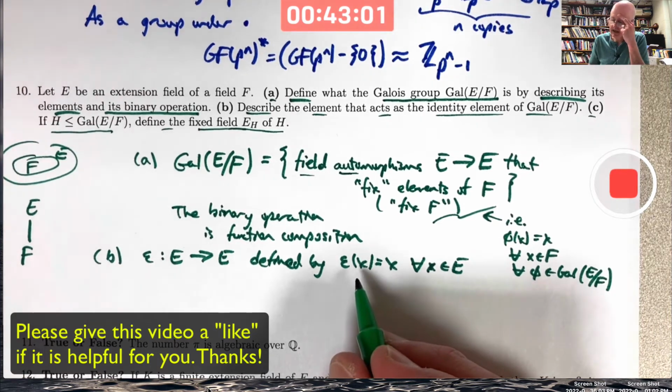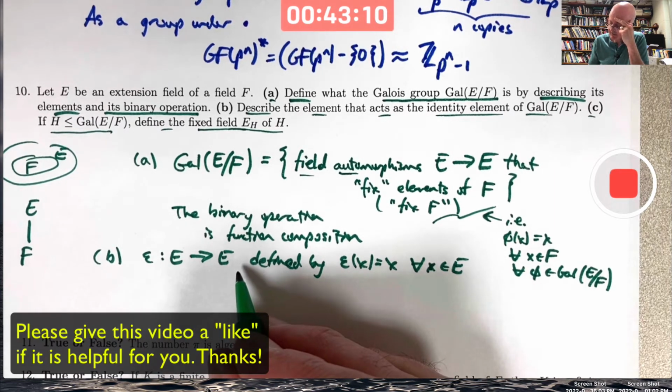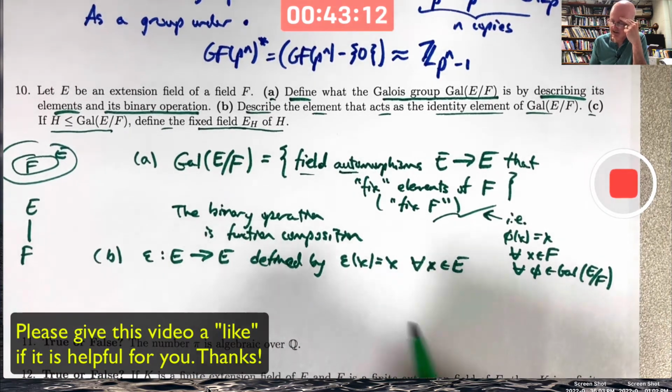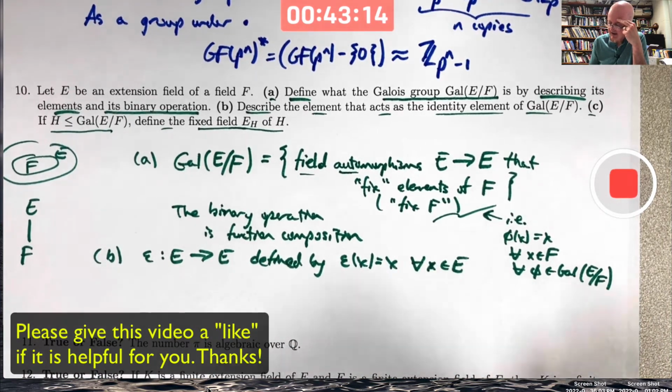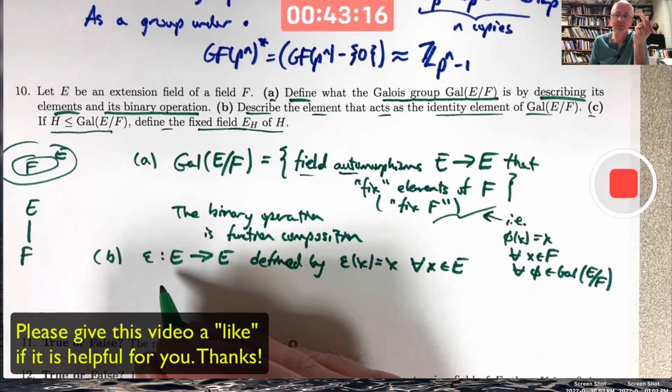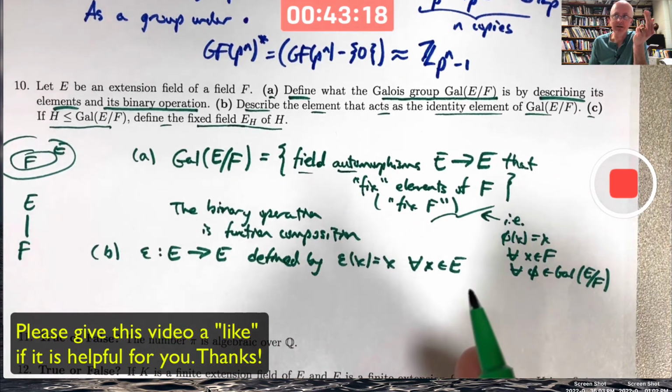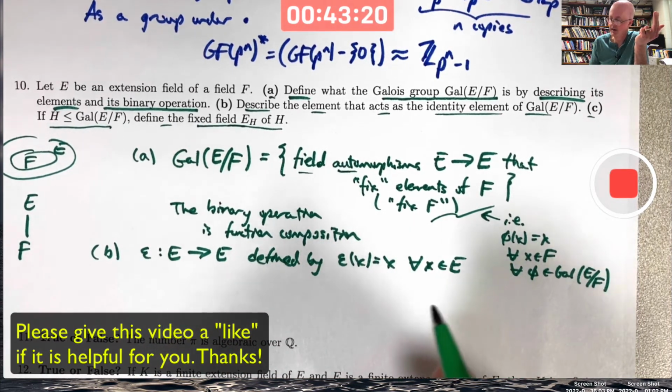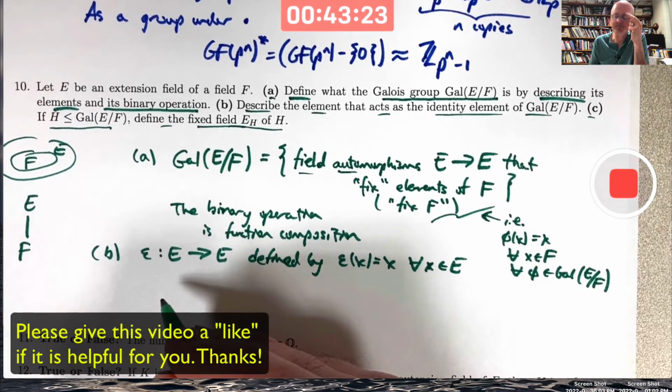Certainly, this thing will be doubly operation preserving, addition and multiplication. That's easy to check. Certainly, it's one-to-one and onto. It maps from E to itself. And certainly, it fixes all of F, the smaller field, because it fixes everything in E. And if you compose it with any other such function, you'll get that other function. Under function composition, this will be the identity.